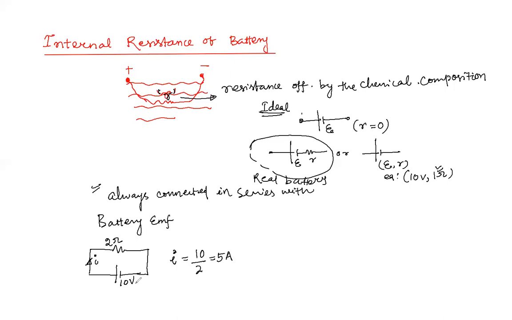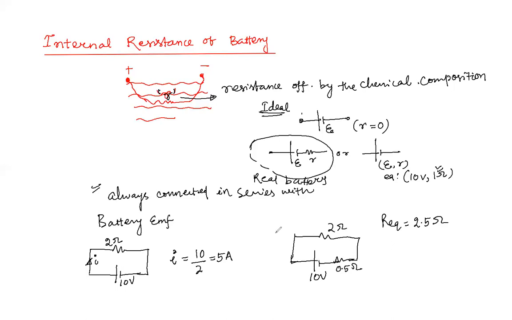But if I say that this battery is not an ideal battery, rather it is a real battery and it has some internal resistance of 0.5 ohm, and this one is 10 volt. We can clearly see that these two resistances are connected in series with each other. So now the equivalent resistance of the circuit becomes 2.5 ohm.